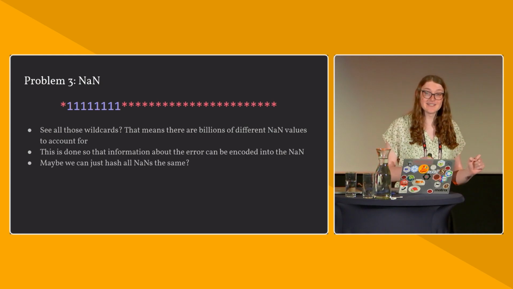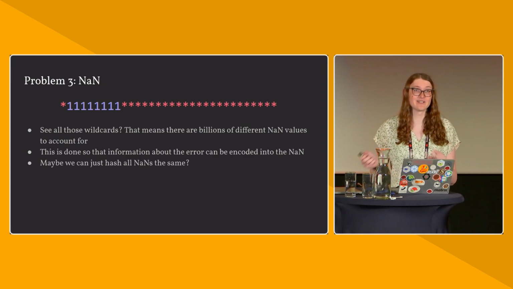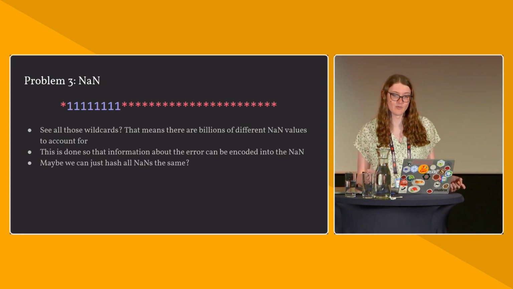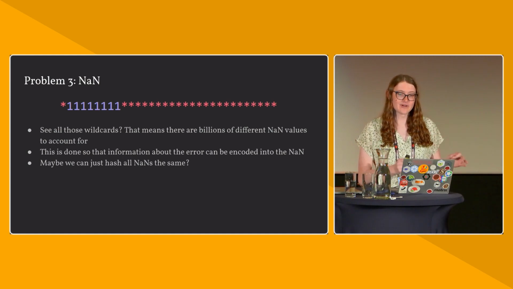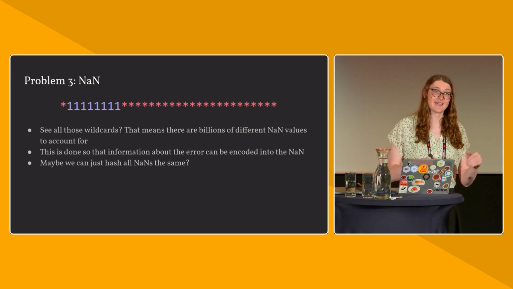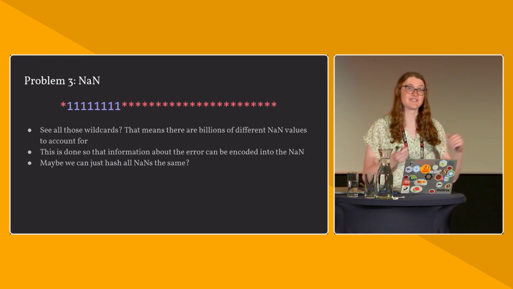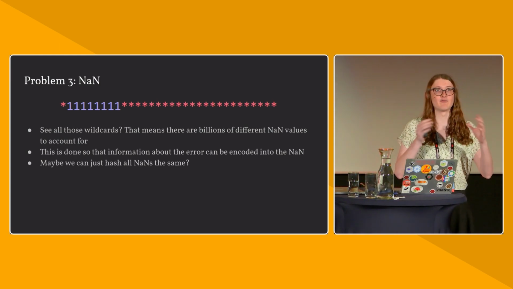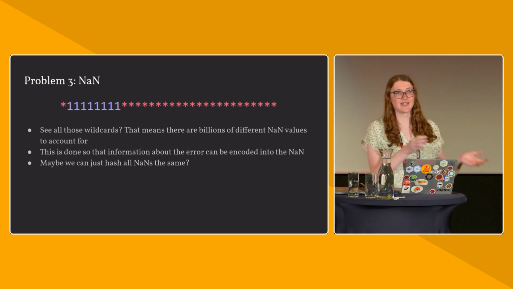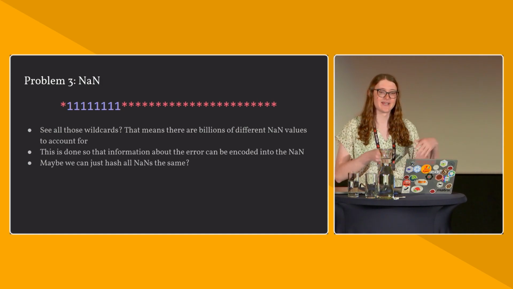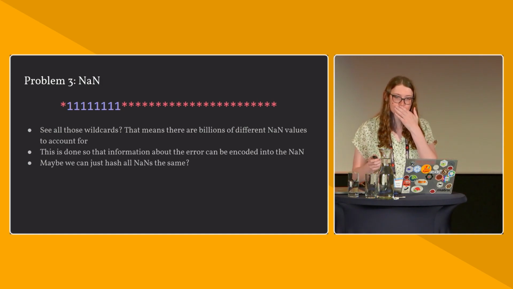There are billions of different NAN values because there are billions of different combinations for all of those different wildcards. The reason this was done was so that the NAN can encode information about what produced the error. So the 0 divided by 0 NAN that we saw might have one particular set of bits, whereas the NAN times 100 NAN that we saw might have a different set of bits.